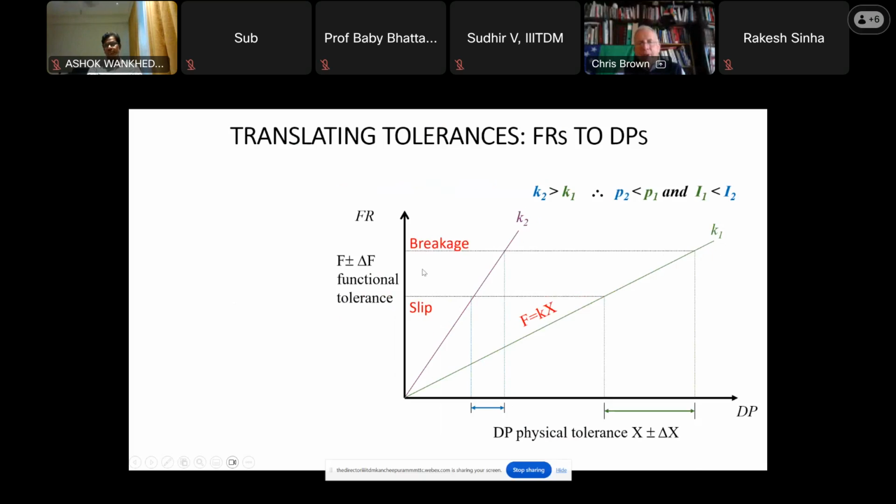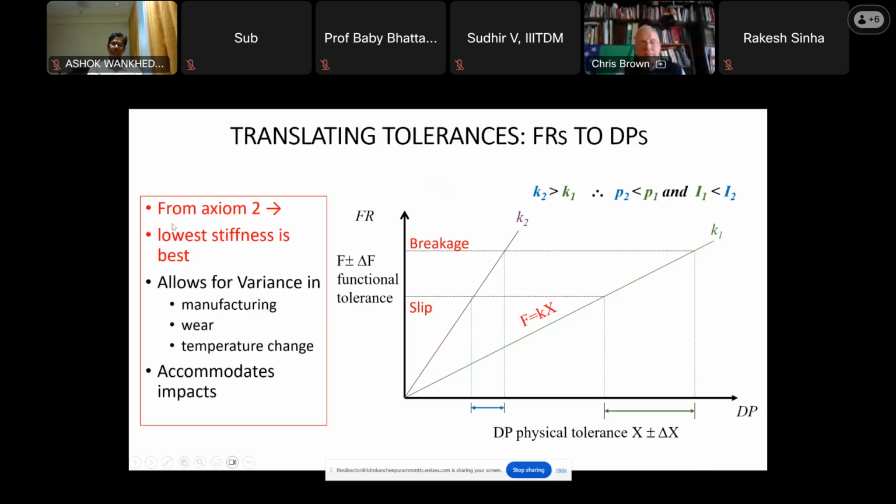As we map the FR tolerance onto the DP tolerance, we notice that the stiff spring gives us a smaller physical tolerance than the softer spring. Therefore, the lower stiffness is best. This allows for variance in manufacturing.